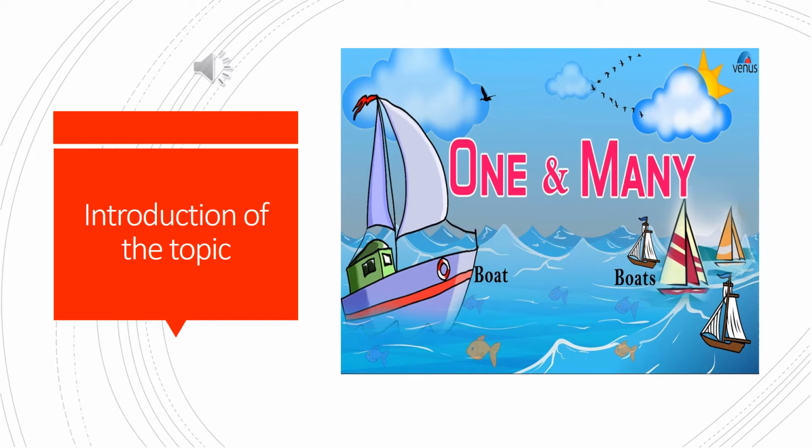In one and many we learn how we form plurals from singular words and singular from plural words, how we pronounce them, and how the spellings change from one thing to many things. So let's start.